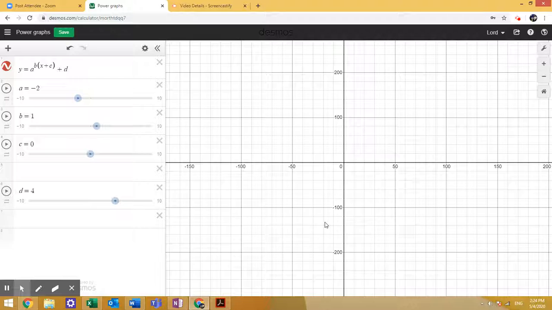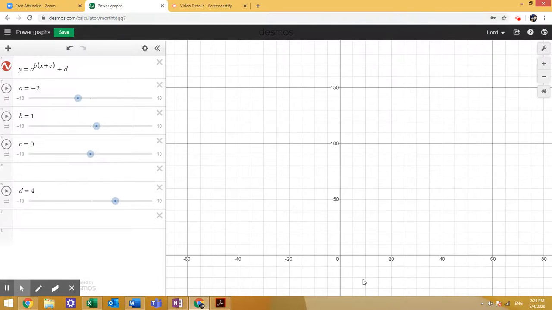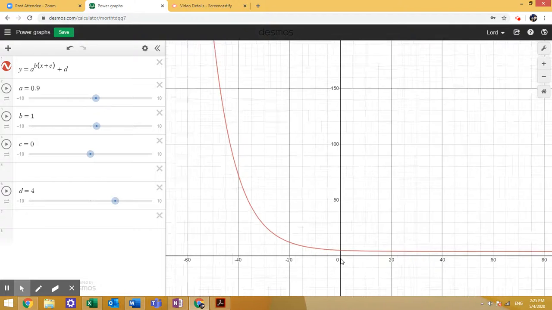Okay. -2 to the power of... Okay, something goes on there. Right, negatives don't work. And boom, gone once we're negative. Okay, so a feature of this graph is it only exists when the powers are positive. Okay, sometimes I need to remember some of these things for myself. So there we go, there it is.